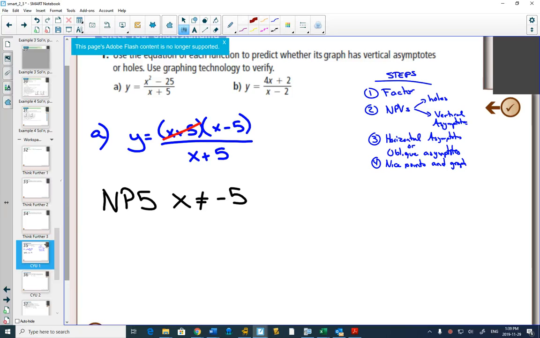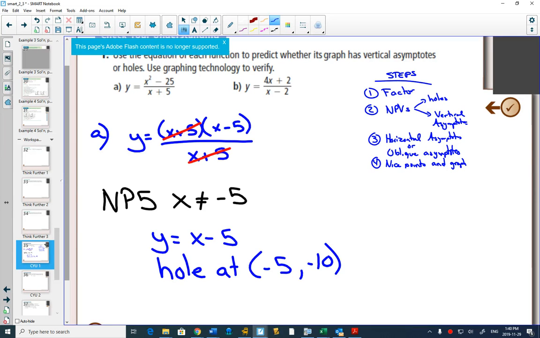Now in this case, the x plus 5 factors cancel out. So our new equation is x minus 5. And what's going to happen with our non-permissible value then? It has a hole at -5, comma, and to find the y-coordinate of your hole, you just plug it into your new equation, -5 minus 5, -10.